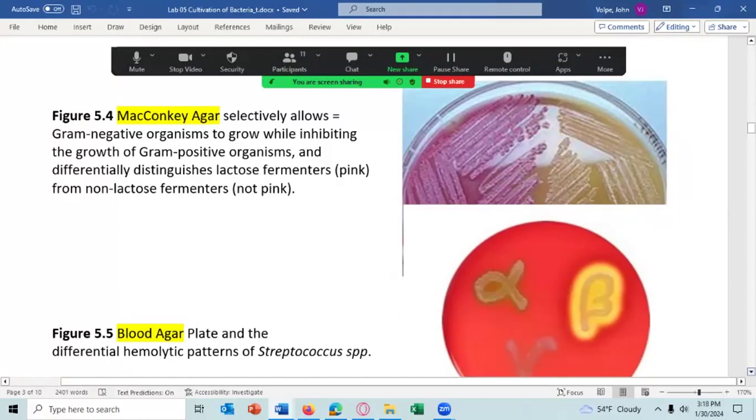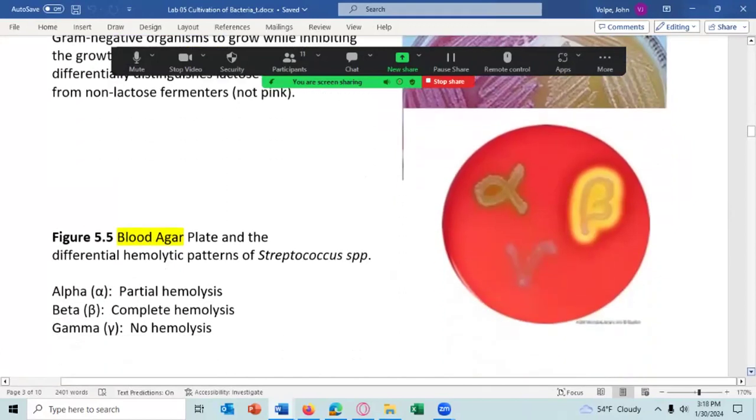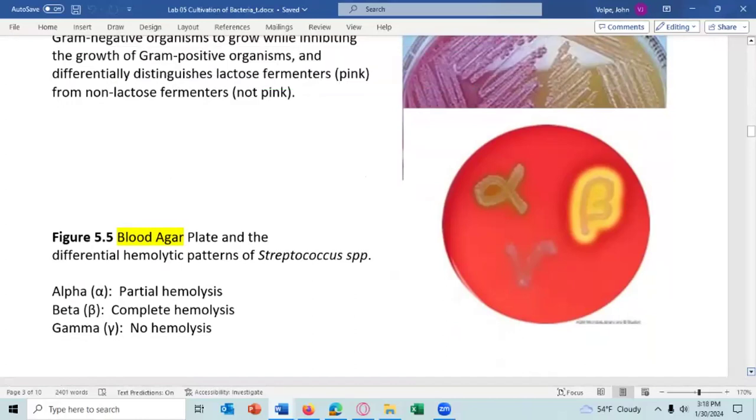Another media which is both differential and an enriched media, meaning it's more than one category, is blood agar. Blood agar is an enriched media allowing you to grow fastidious organisms that take their nutrients from the red blood cells in the blood agar.